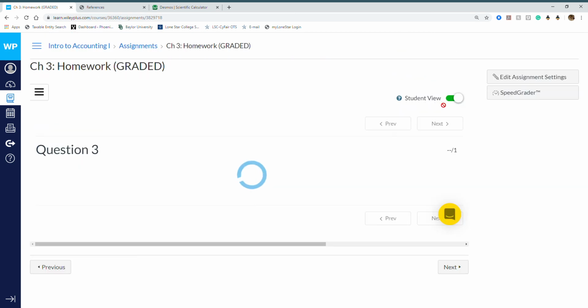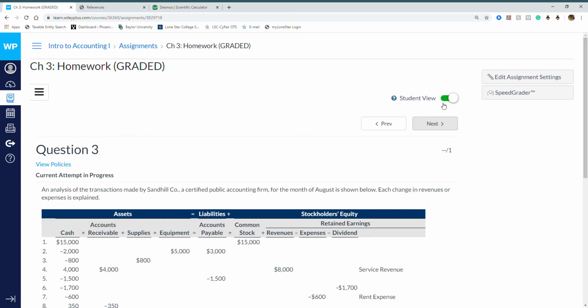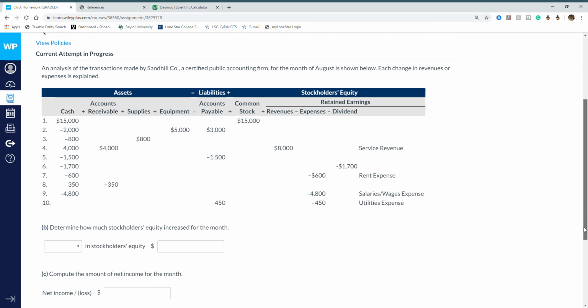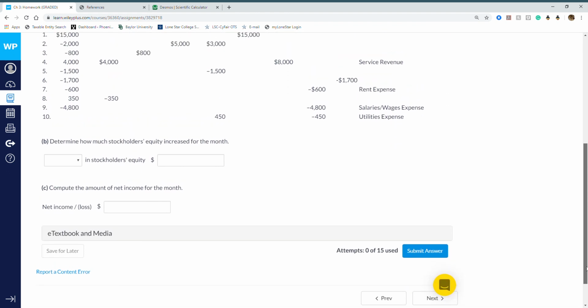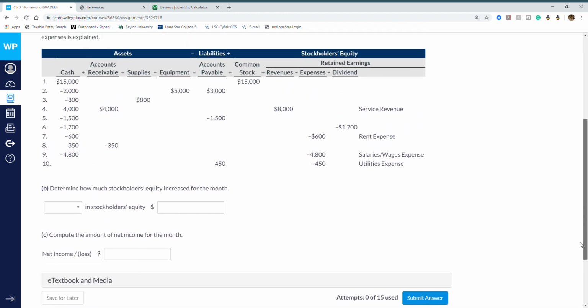Let's see, question number 3. So we have an analysis of the transactions made. Each change. Okay, so it wants to determine how much stockholders' equity increased for the month.